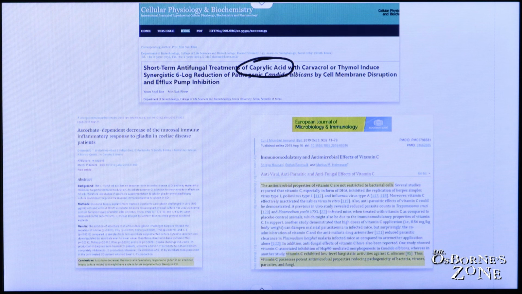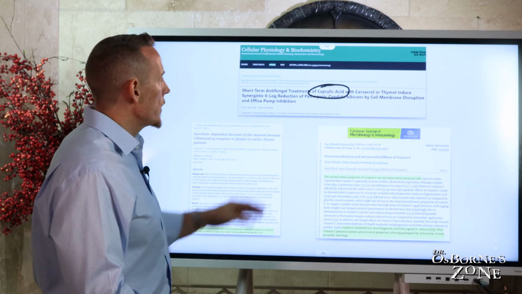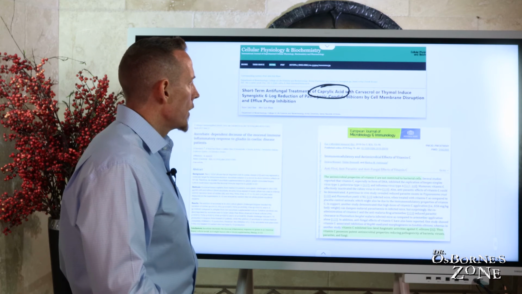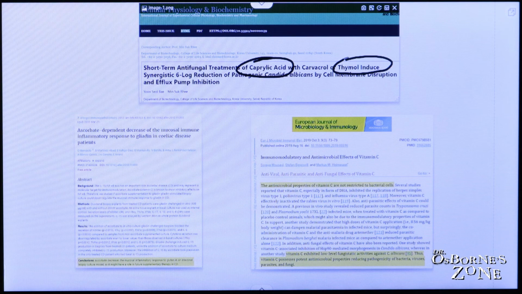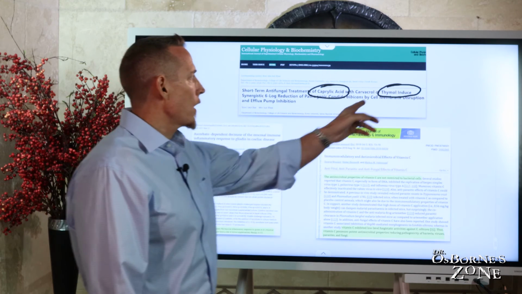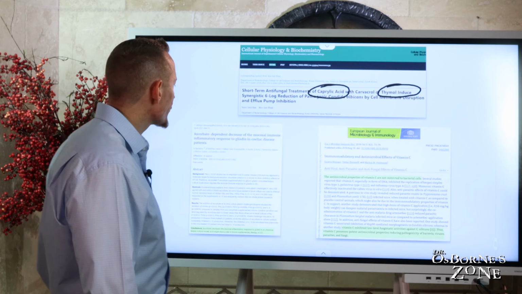Coconut has a lot of caprylic acid in it from a food base, and caprylic acid has a lot of antifungal properties. So does thymol. If you use thyme, like I said earlier, many of you may have a sinus fungal overgrowth, and so essential oil of thyme, breathing some of that in. Again, thyme has a lot of antifungal properties, and so you want to support your body's ability to fight.